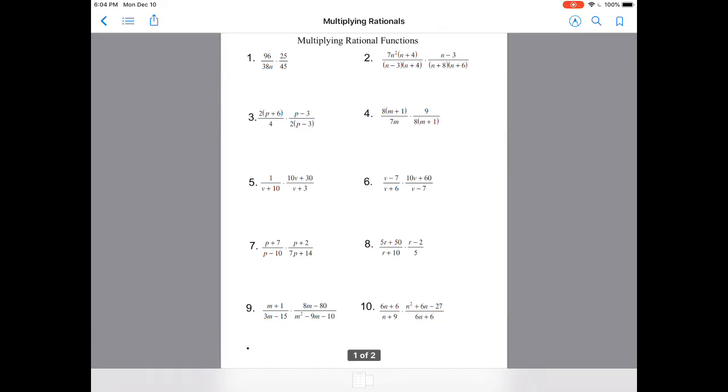So please take out this worksheet that we did on Friday in class. I believe I assigned it to homework for all of you.